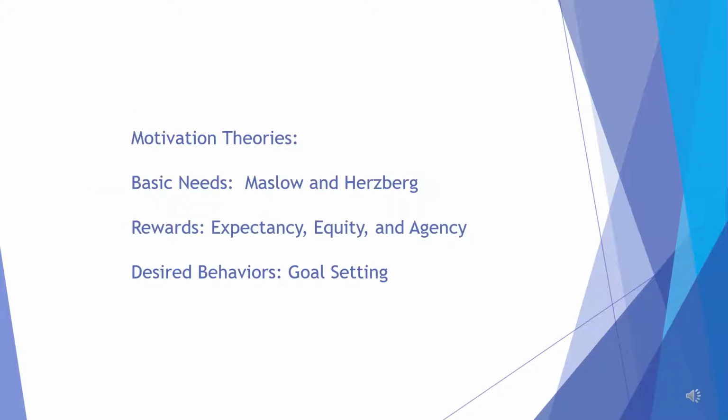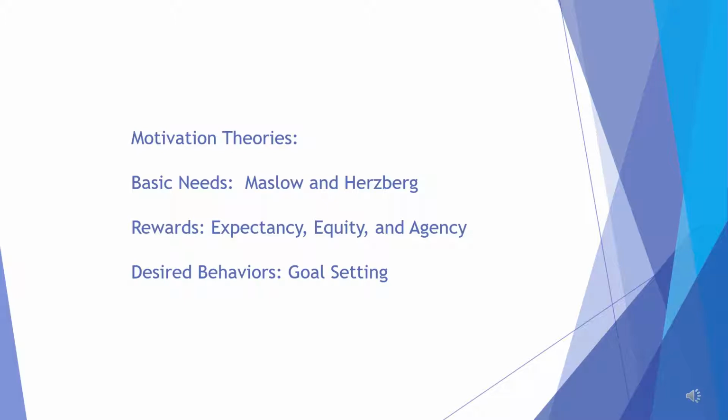Before we can set up a pay for performance plan, we need to take a look at what motivates people differently. So we have some traditional motivation theories here, and we have them broken down into different categories. The basic needs talks about, do the rewards from the job cover your most basic needs? And that's things like a livable wage we've talked about. And then we have a second level here, where these motivation theories are based on the reward systems.